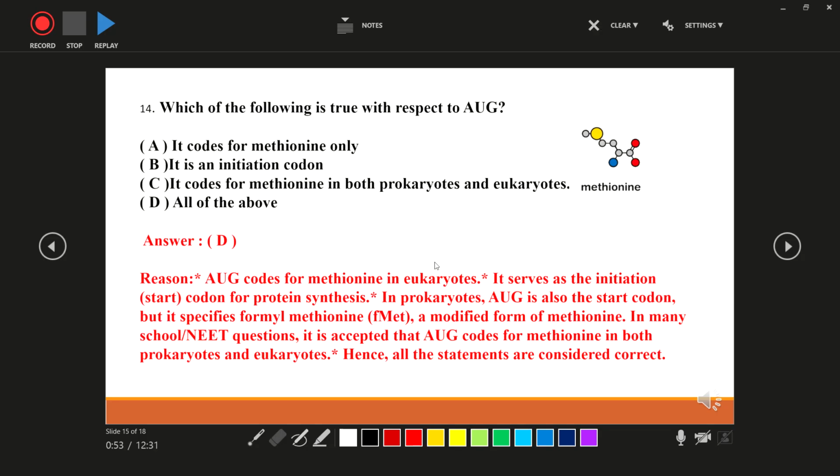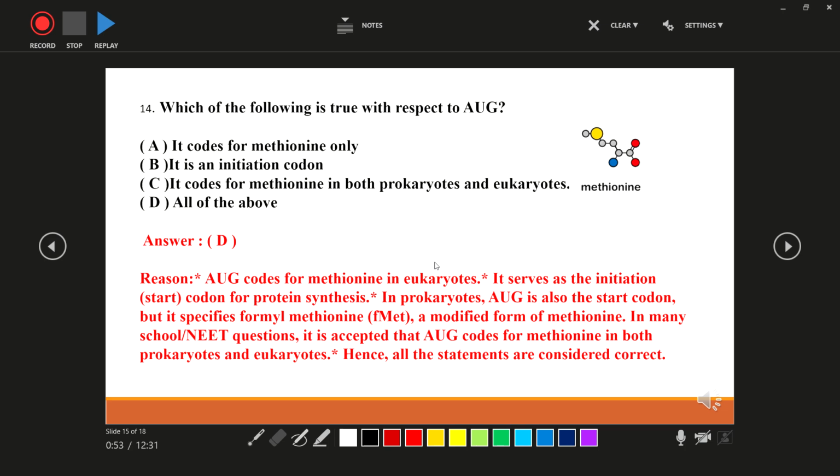Which of the following is true with respect to AUG? The answer is D, correct. It codes for methionine only. It is an initiation codon. It codes for methionine in both prokaryotes and eukaryotes. AUG codes for methionine in eukaryotes. It serves as an initiation, that is the start codon for protein synthesis in prokaryotes.